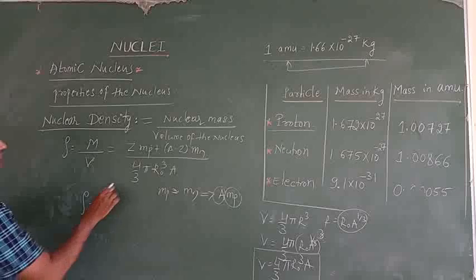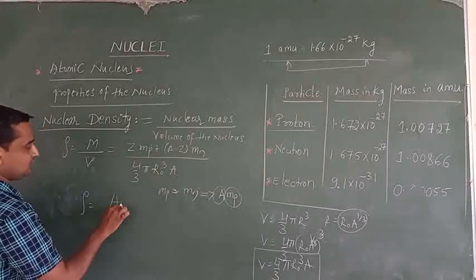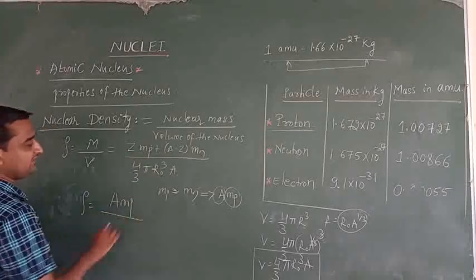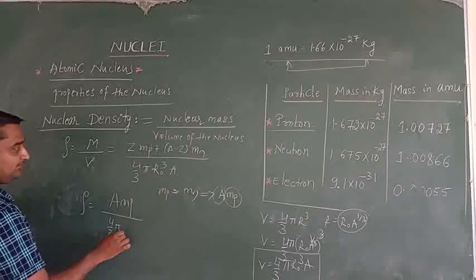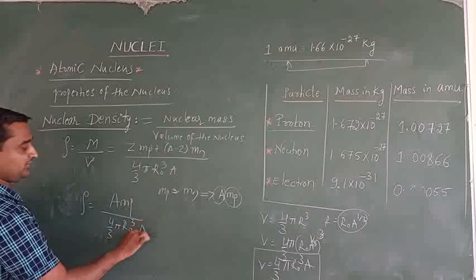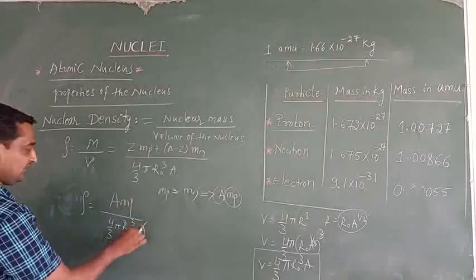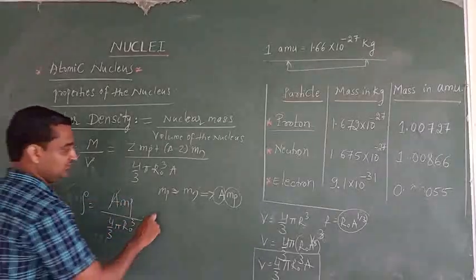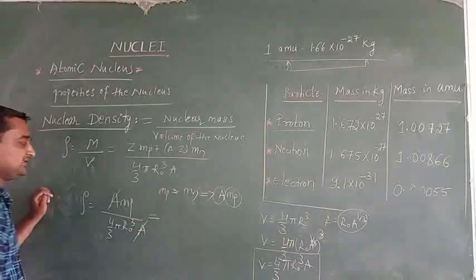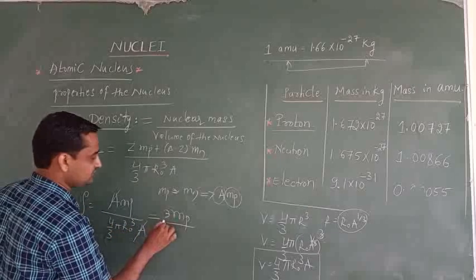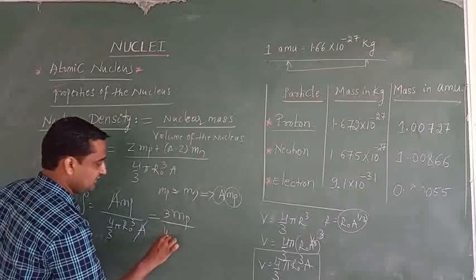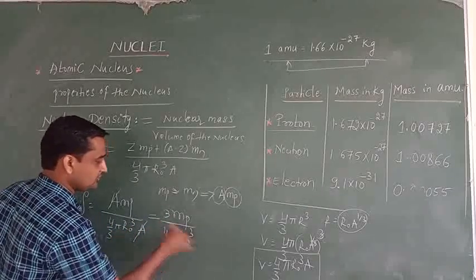Therefore, rho is equal to A into Mp divided by 4 by 3 pi r naught cube into A. So this A and A get cancelled here. The 3 goes to the numerator, so density is equal to 3 Mp divided by 4 pi r naught cube.